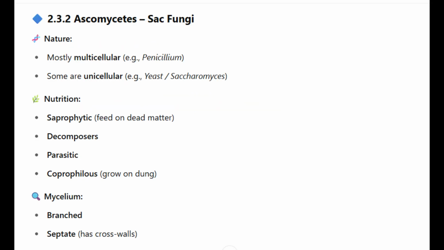2.3.2 Ascomycetes. Sac fungi. Nature: mostly multicellular, e.g. Penicillium. Some are unicellular, e.g. yeast, Saccharomyces. Nutrition: saprophytic, feed on dead matter. Decomposers, parasitic, coprophilous, grow on dung. Mycelium: branched, septate, has cross walls.